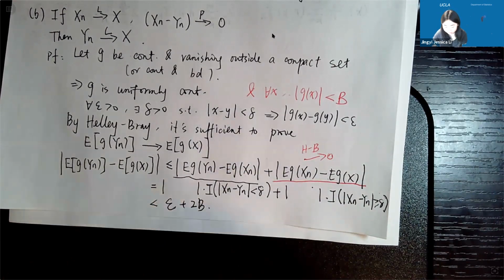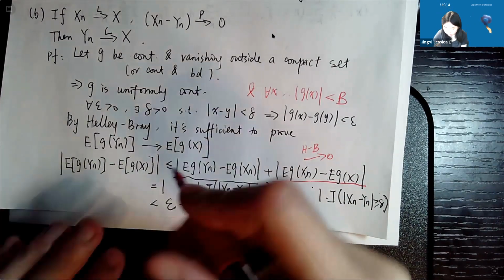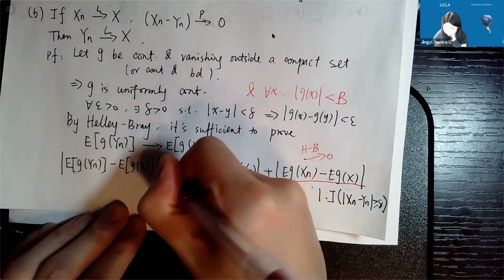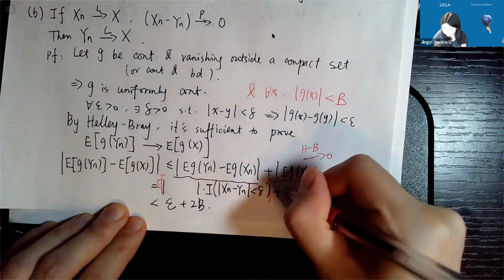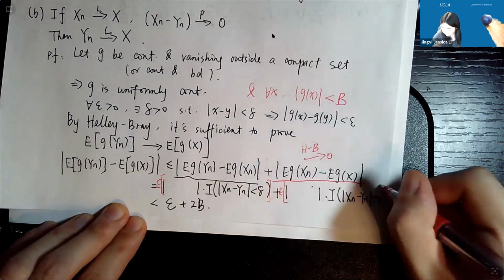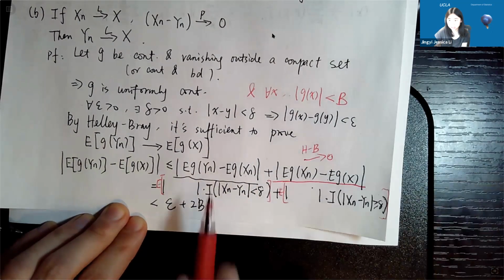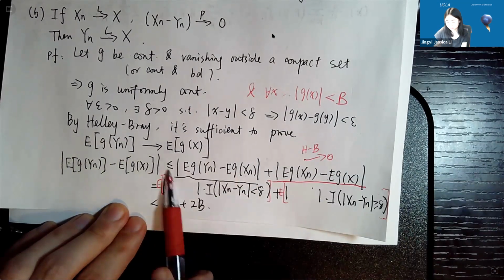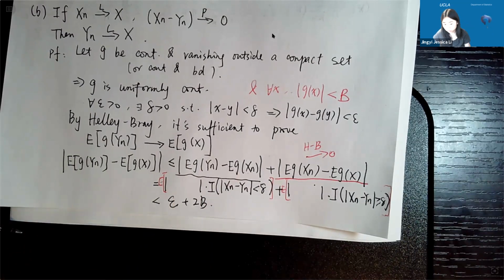Oh, sorry, my bad. I should add the expectation. I dropped that. I also moved the expectation to the outside. Previously expectation is inside. I get it out of expectation, and that's fine. We know that the expectation of absolute value is less or equal than the absolute value of expectation. So we have that fact as well.